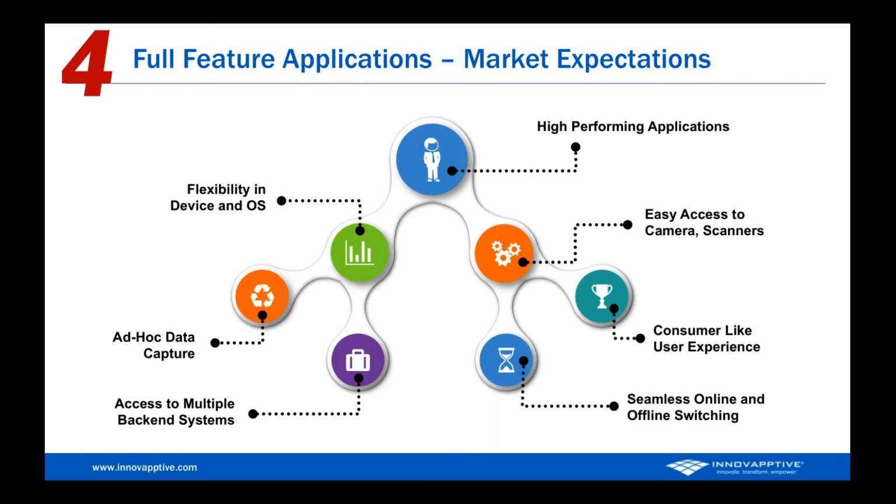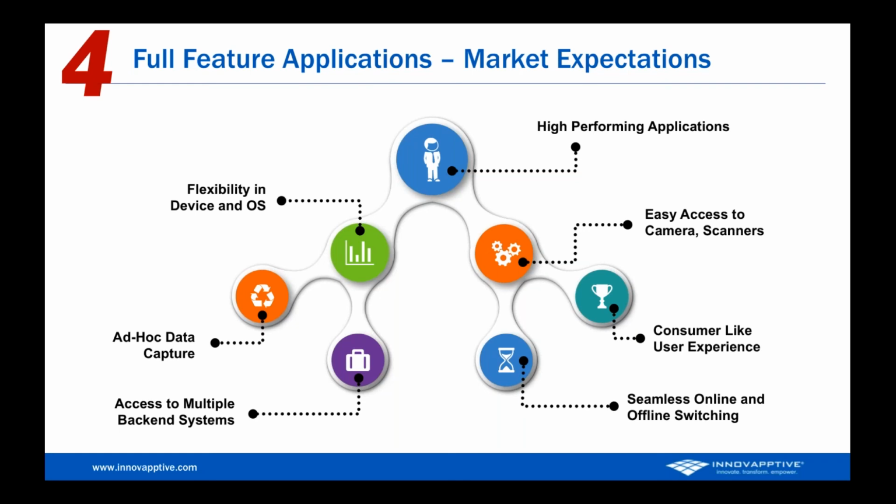This slide shows some of the critical issues that you should be aware of when you're selecting a solution. The newer devices are able to use the full capabilities of the device, things like camera and scanners, and they have seamless online and offline capability.